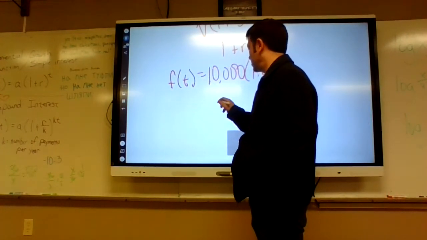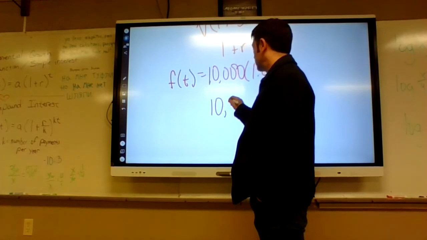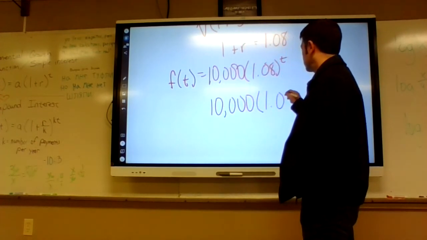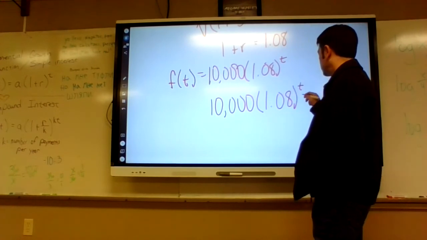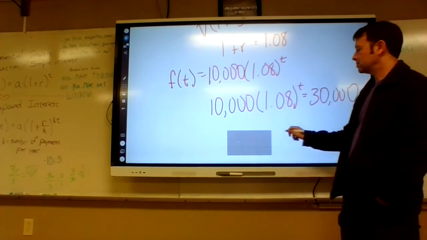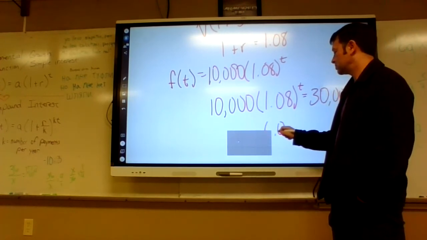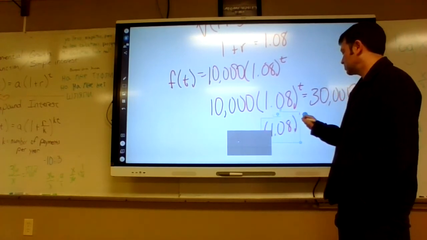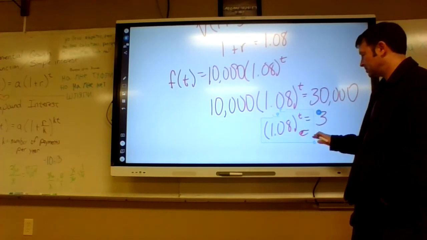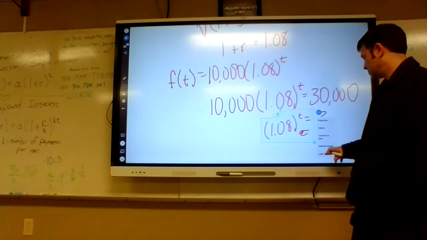So how would I figure that out? You plug in your formula, and then t is the one you're missing, and that would equal 30,000 because that's tripled. And the first thing you do is divide by your 10,000, so it's 1.08 to the t equals 3. And then I don't really know what to do from there.